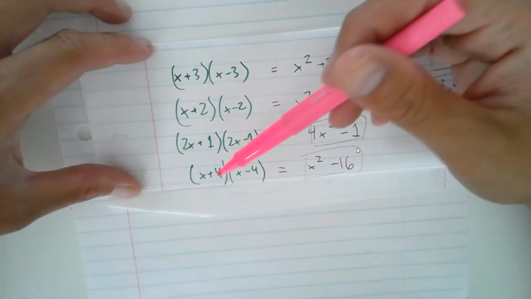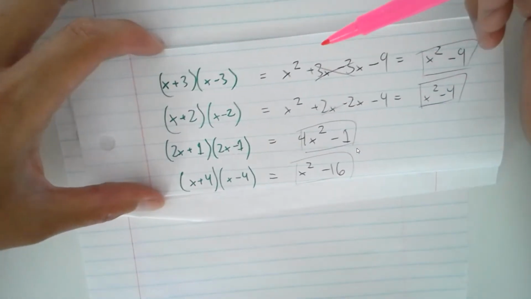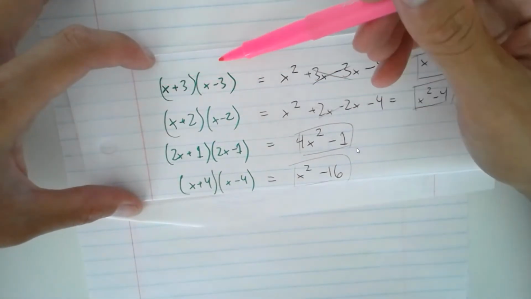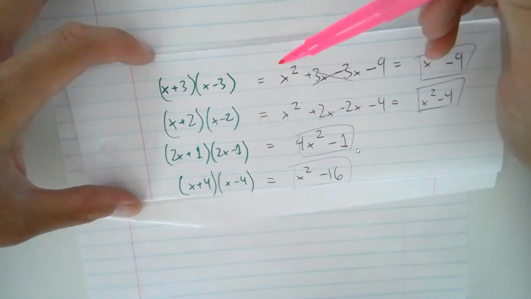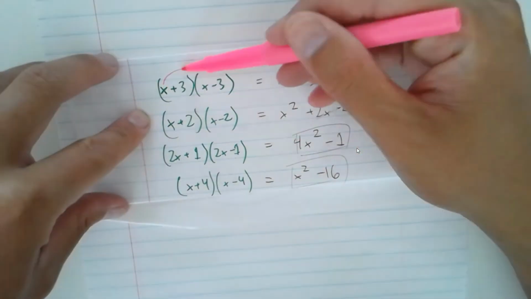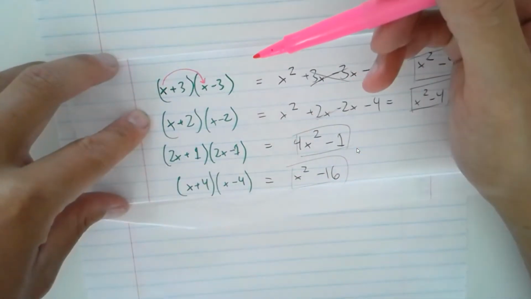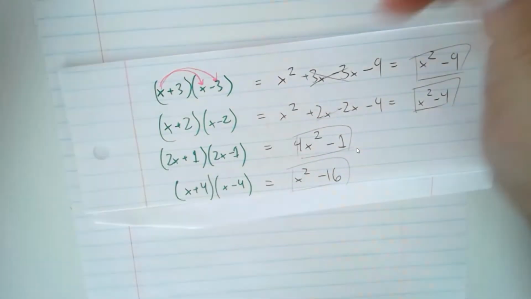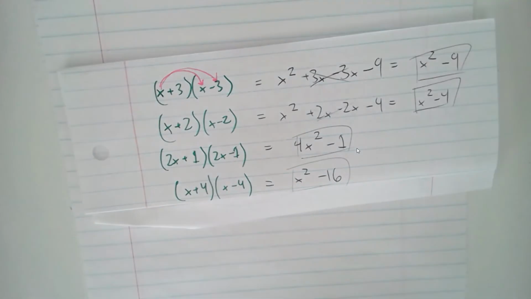As a result, you're always going to have this situation when you multiply out the binomials. The first thing you might do is x times x, which is x squared, and then x times negative 3. Sorry, I might have run this a little out of order.